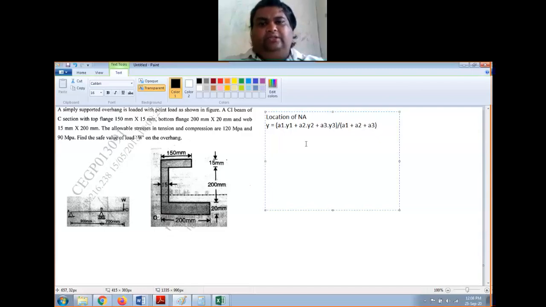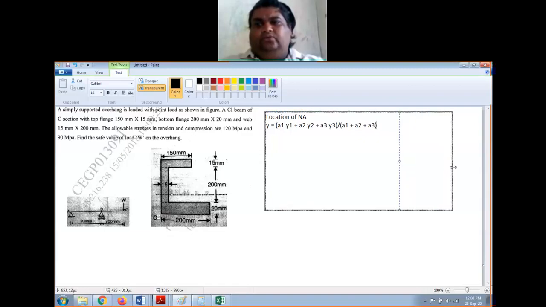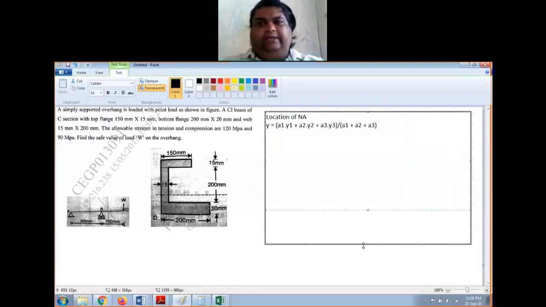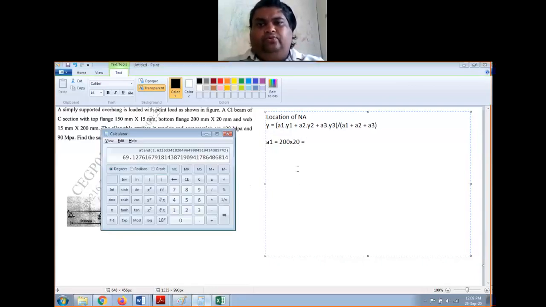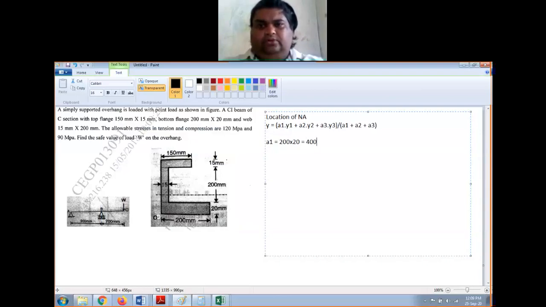Now I will need all these areas later also for moment of inertia. So what I will do is calculate A1, A2, A3 first. A1 is equal to, this is 1 for me, so it is 200 into 20, that will be 4,000 mm square.